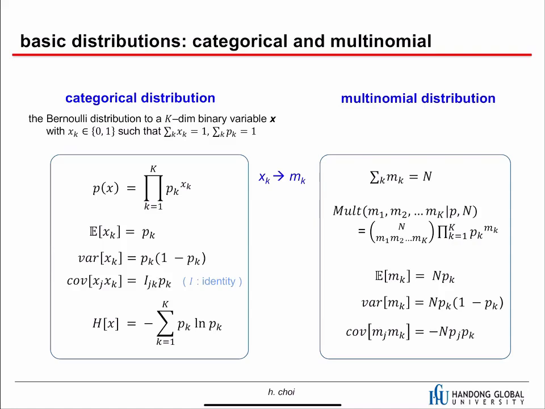Okay. And the next one is the categorical distribution. This categorical distribution is really popular when we are working on something like image classification. So we have 10 classes, for example. Then K is 10 here.